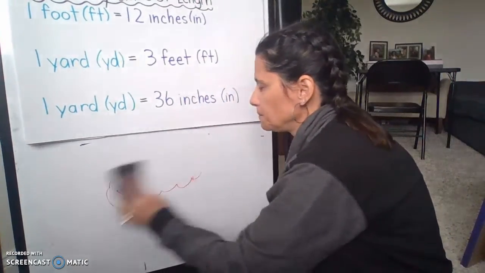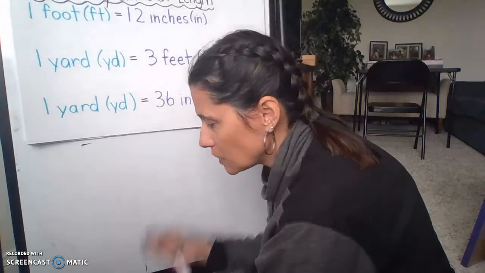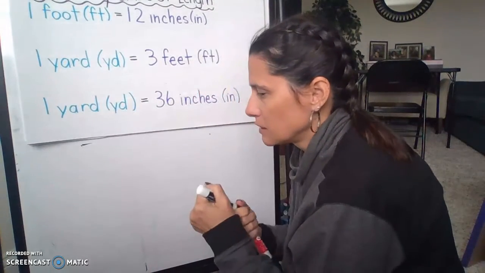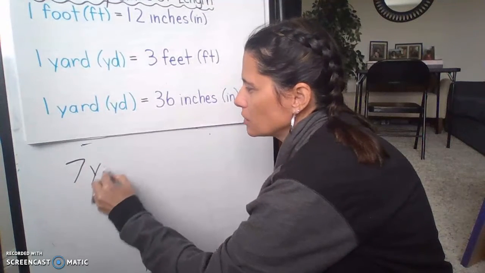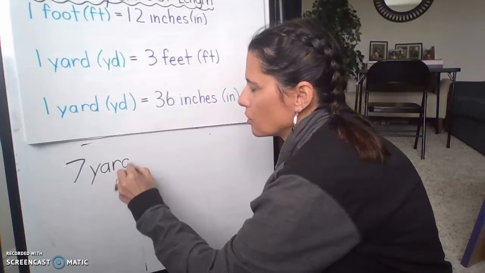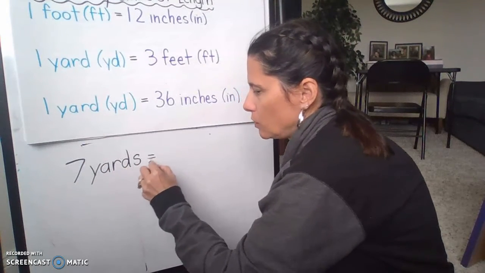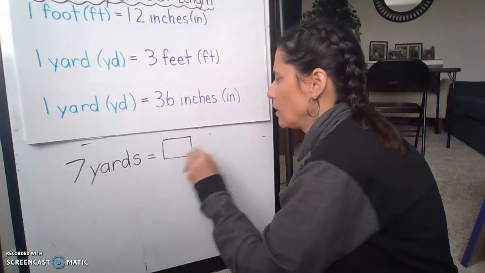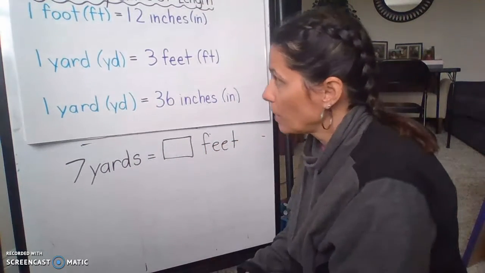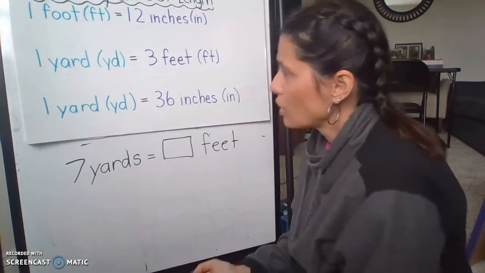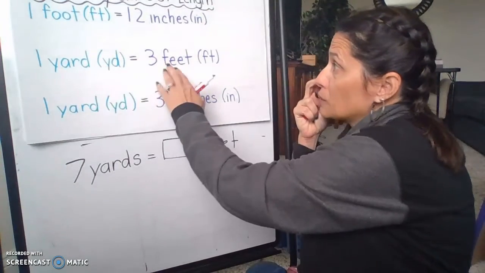Let's try another one. Okay, so our problem is, let's do 7 yards equals how many feet? Okay, so let's go look up at our chart. Same chart. 1 yard is 3 feet.